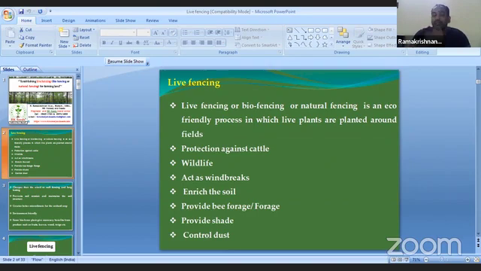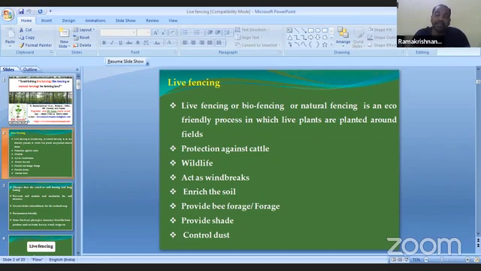We will discuss suitable trees and herbs in other slides. But now, how does live fencing enrich the soil? The fallen leaf automatically becomes green manure. Second thing, our soil, the plants that we are planting in the live fencing.